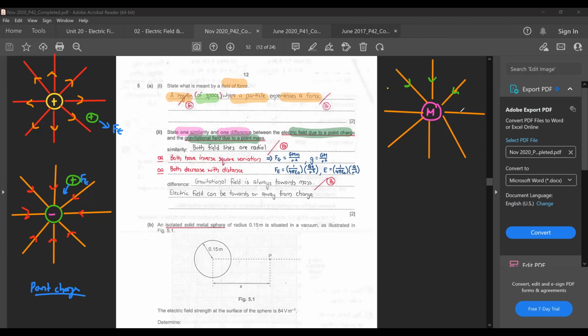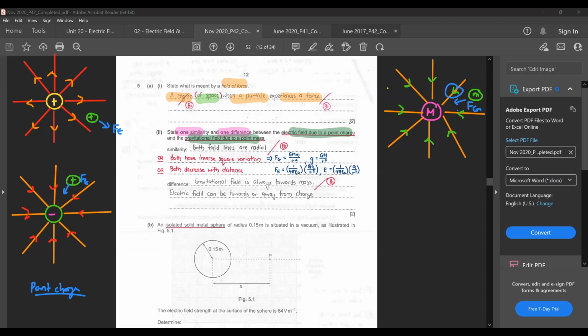Because the convention is that for a gravitational field, the direction of your field is determined by the direction of force acting on a mass placed inside the field. So if I put a test mass here, masses will always exert attractive gravitational forces on each other. So your gravitational force is always going to be inwards. Since it's inwards, your field direction must be inwards.